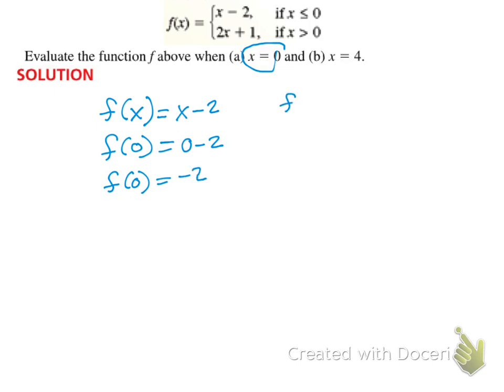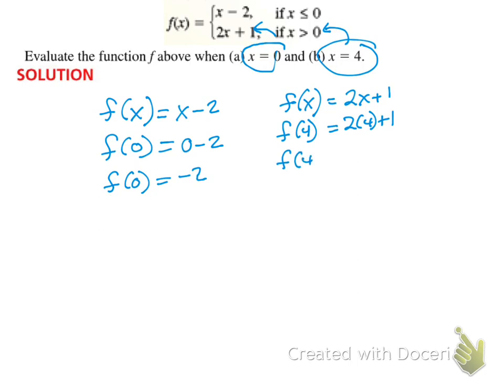And for the next one, which am I using when x equals 4? 2x plus 1. How did we know to use 2x plus 1? Brianne? Because 4 is greater than 0. Because it fits the domain x is greater than 0, and that goes with this equation. Do you understand? So now f of 4 equals 2 times 4 plus 1. f of 4 equals 9. Questions? All right, moving on.